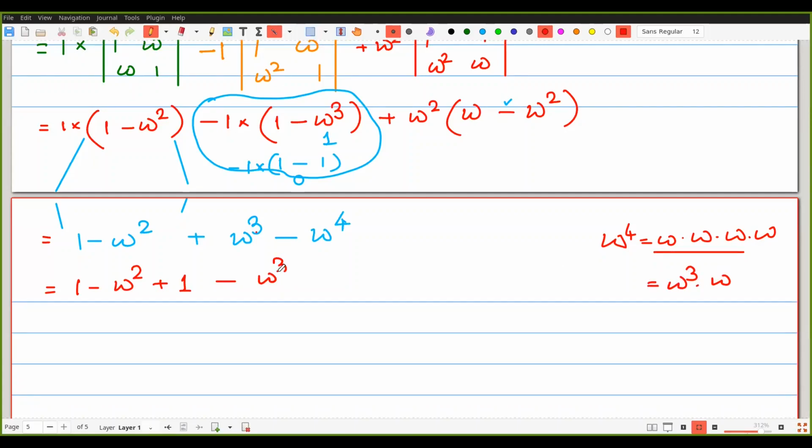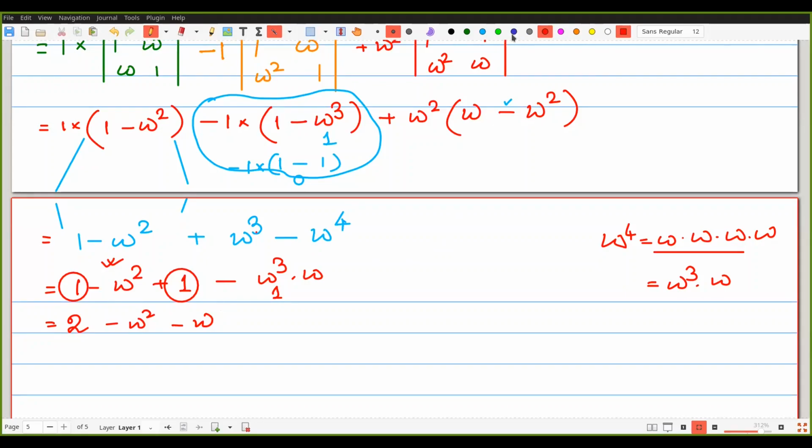So 1 plus 1, both give us 2, minus omega square, and omega cube means 1, so it can be written as minus omega.